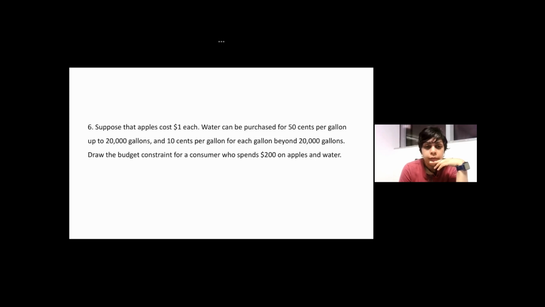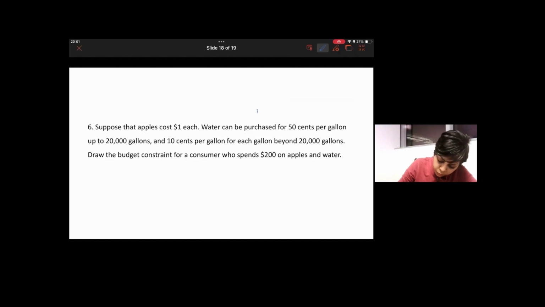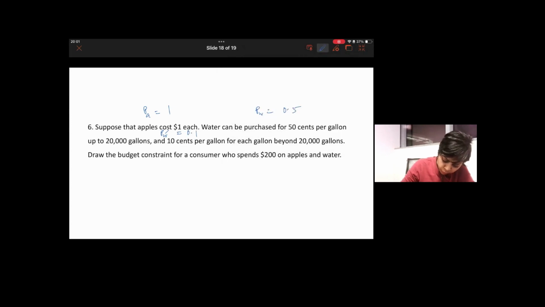For that person, apples cost $1 each and water can be purchased for 50 cents each. 50 cents is $0.5, so PW is 0.5, PA is 1 per gallon, up to 20,000 gallons, and 10 cents per gallon for each gallon beyond 20,000. So PW prime, let's say, is 0.1.